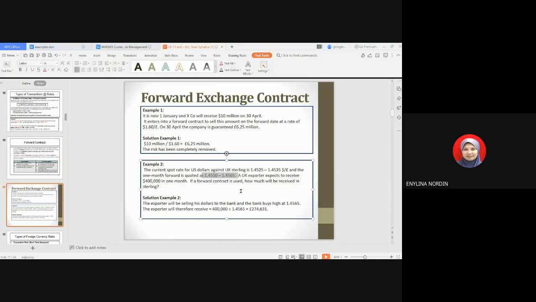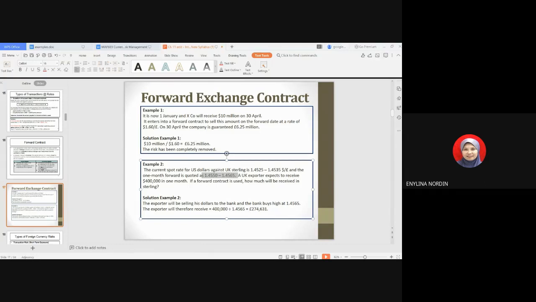Since there is no premium and no discount here, straight away you take this high rate, which is 1.4565. Therefore, the exporter will convert the $400,000, and we get how much in pound? You divide by 1.4565, then you get 274,631 pound. So this is about the forward exchange contract.